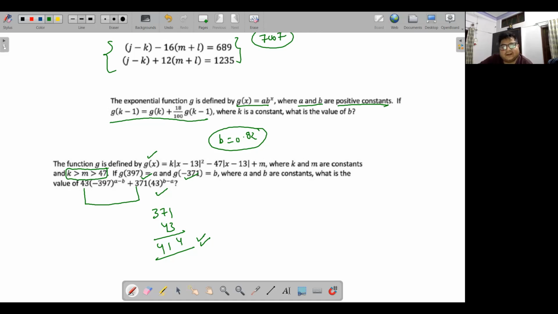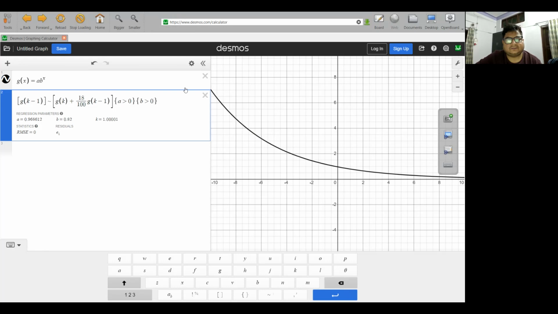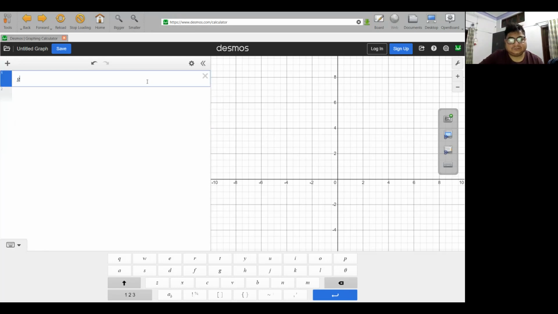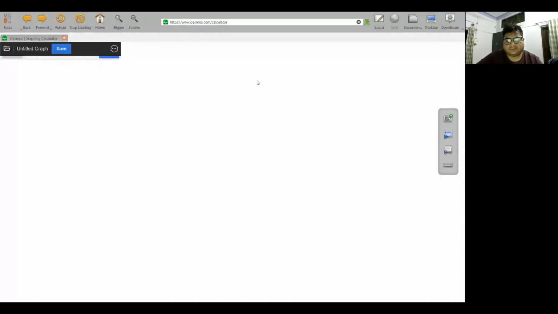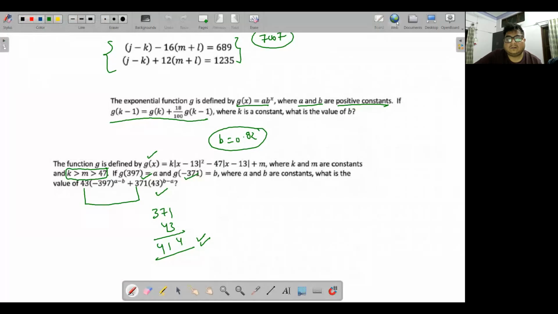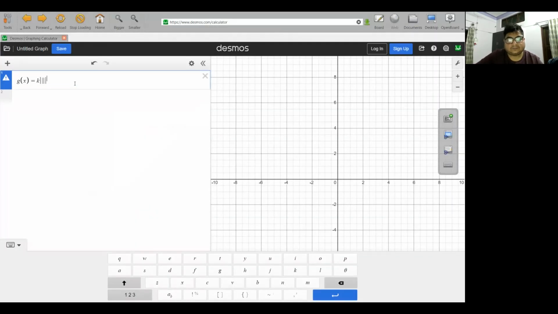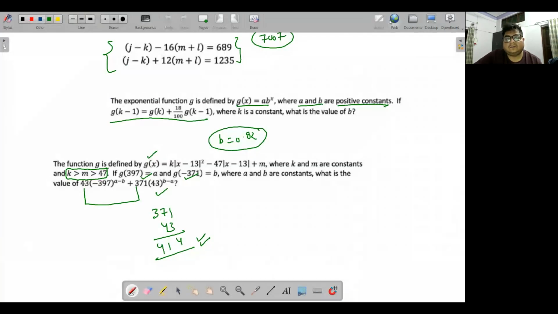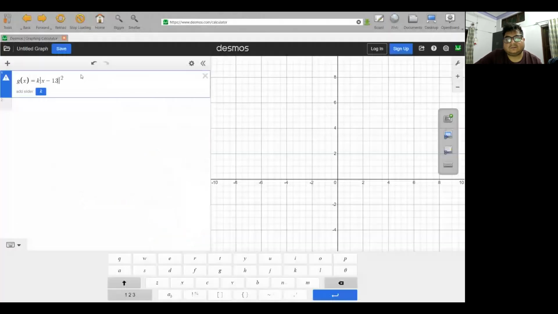Let us check whether we are getting the same answer or not. So we write the same thing here. g of x is equal to 4 square, which is x minus 30, minus 47, minus 47 plus m, and this we have to write x minus 13.